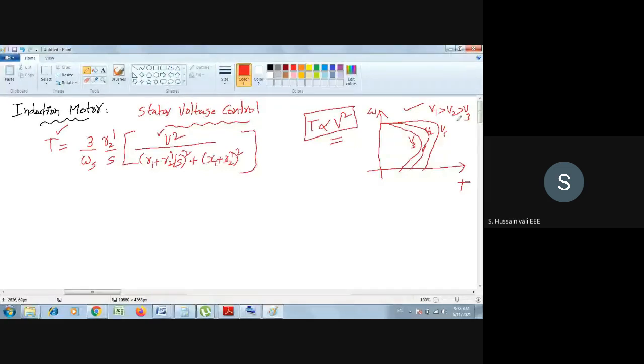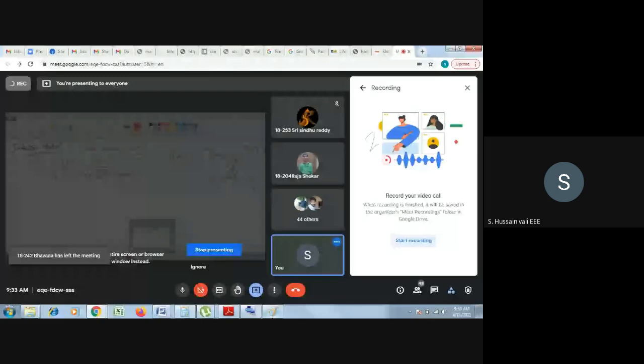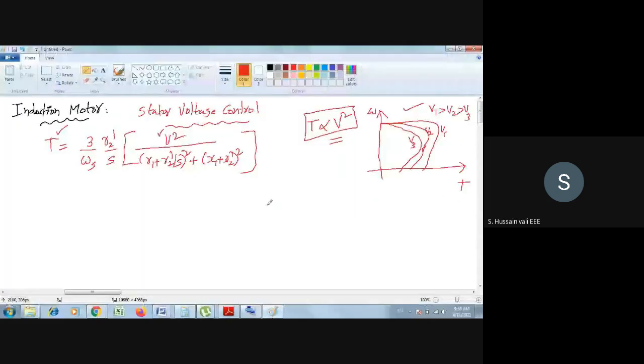We understood that by varying the stator voltage, torque can be changed. That we understood theoretically, from the equation and from the graph also. Of course, the graph has come from the equation itself. But the question now left is: how do you change the stator voltage?